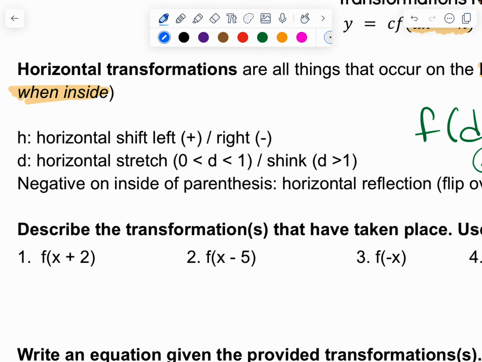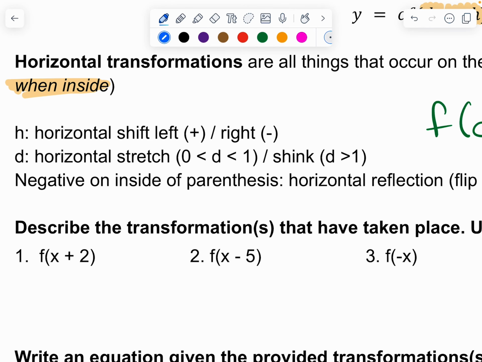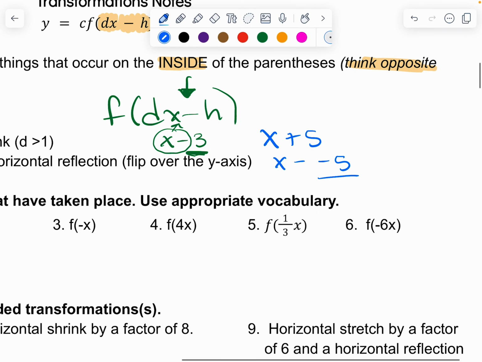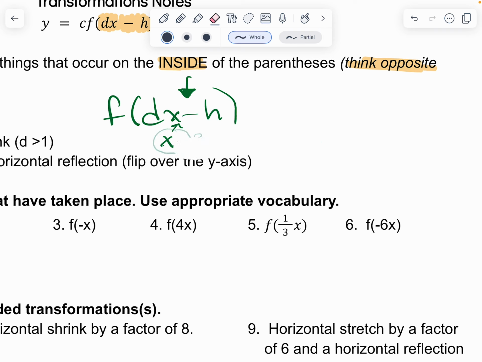Now, a horizontal stretch. Stretch means you make something bigger. Shrink makes something smaller. Normally you would think that a number between these numbers would be a shrink. But if I look over here at this information, we're doing the opposite operation.